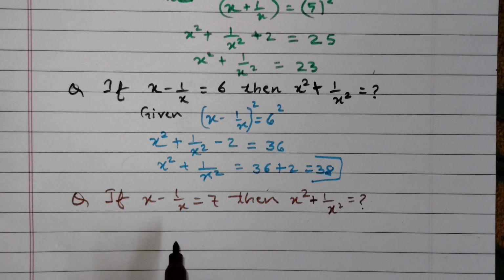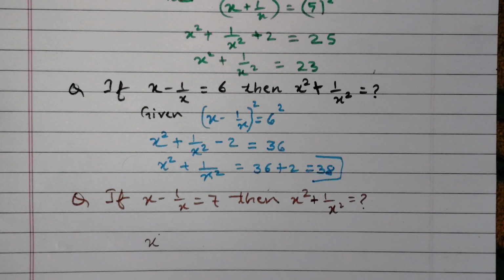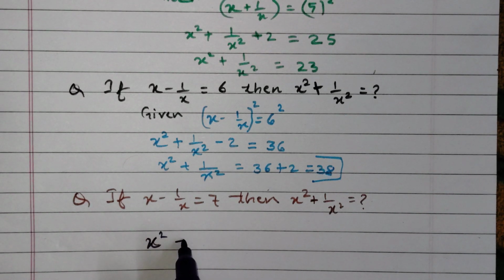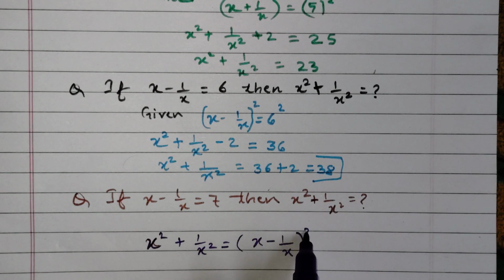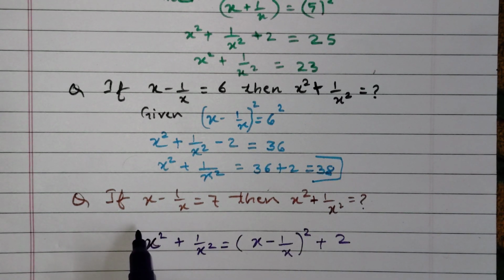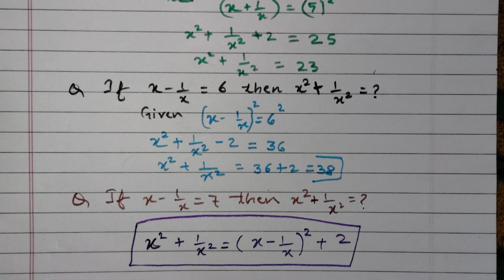Therefore we can say directly, the formula of x square plus 1 upon x square is equal to, if there is given x minus 1 upon x, its whole square, then plus 2. This is the formula to find directly by the whole squaring property.